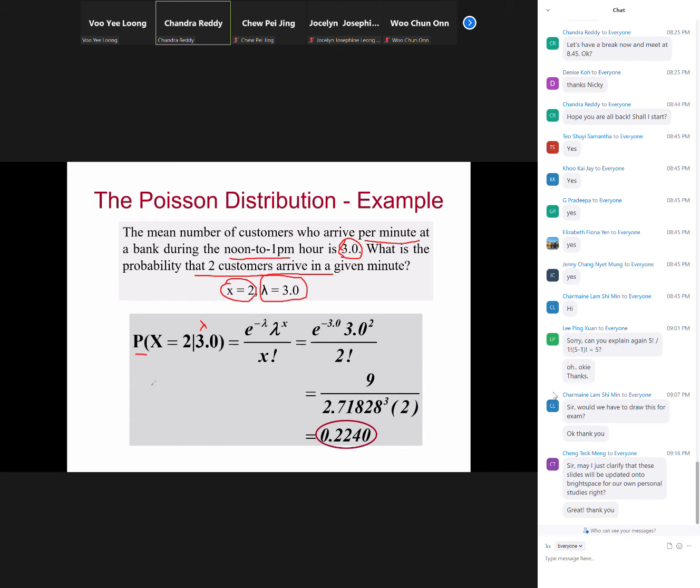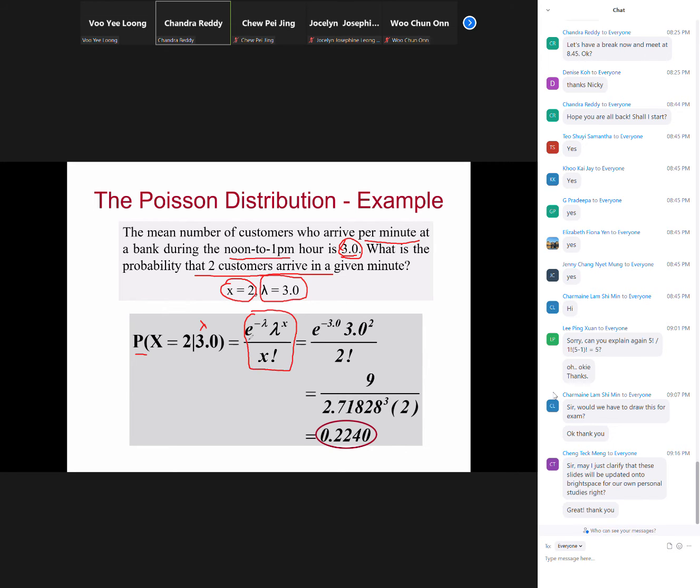We can't apply the binomial distribution here because we don't have the probability pi and we don't have the sample size. What we have is the expected number of events per unit, which is lambda equal to 3.